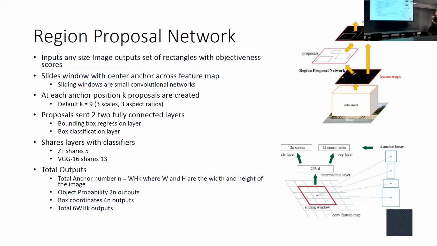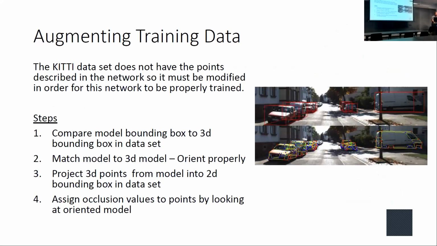The total outputs from the Faster RCNN region proposal is 6 times width times height times k, where k is the number of different anchor boxes that we're looking at. So we get a hell of a lot of outputs from it. This is one of the areas where this network is especially interesting.